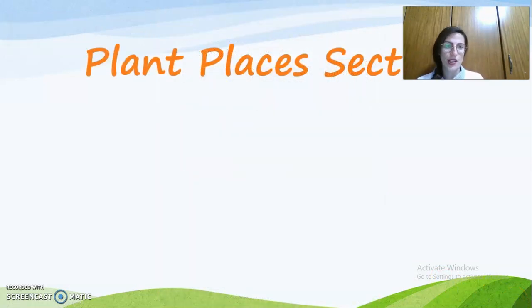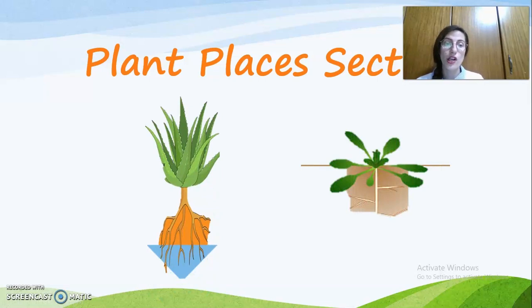Plant Places section. In this section, we're gonna learn how and what do the plants do to grow in the different places, okay? So in the first picture, we see a plant with long roots. In the second picture, we see a plant with short roots. We wonder why. Well, the plants that live in dry areas where they do not get enough water grow long roots that could go and grow far away under the soil to collect the water that they need to live and grow.